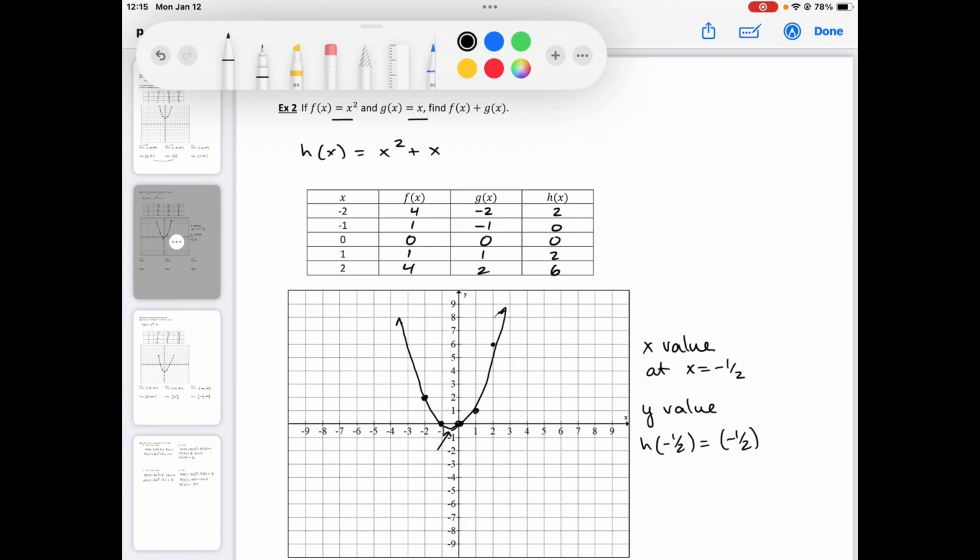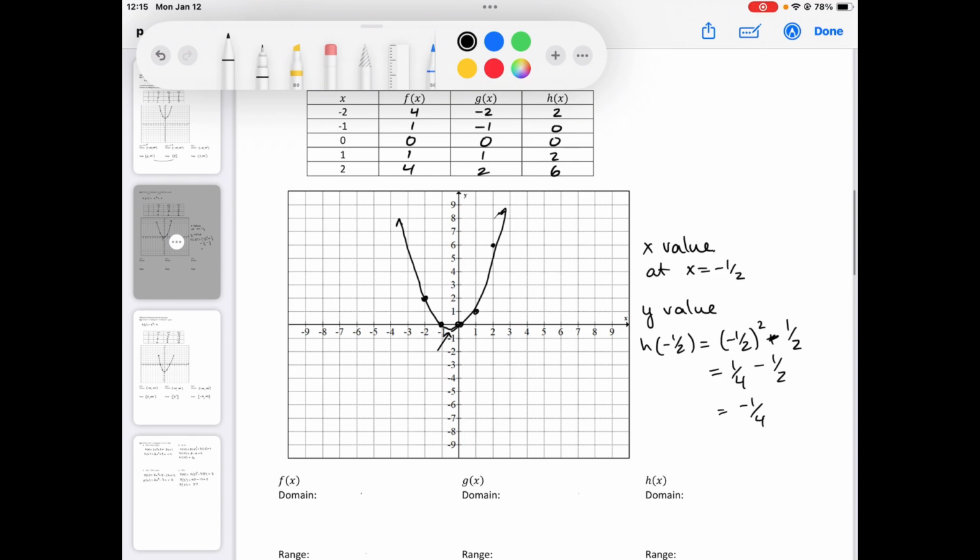So I've got (-1/2) squared minus 1/2 based on the question. (-1/2) squared is going to be 1/4 minus 1/2, which is going to give me -1/4 as the y value here. I can put that on in red.